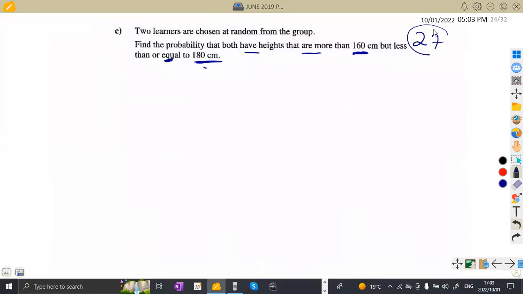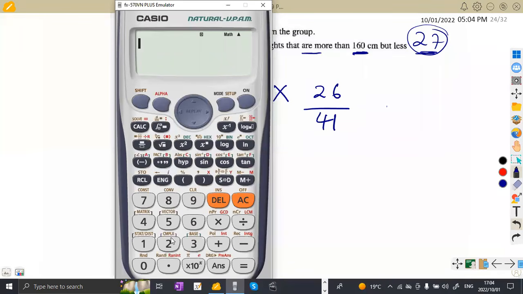So the probability of picking two learners from the same region is going to be 27 over the total. Remember, our total was 42. Then we are now picking a second learner from the same group, so this is going to be minus 1, which is 26 over 41. So this we can just use our calculator. 27 over 42, that was the first part, times 26 over 41.